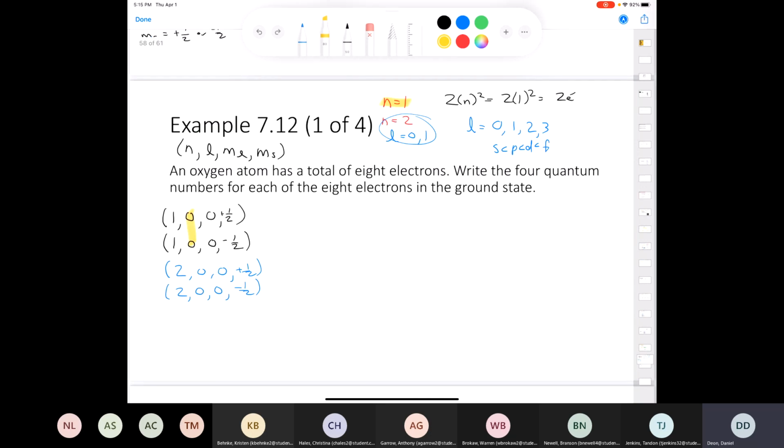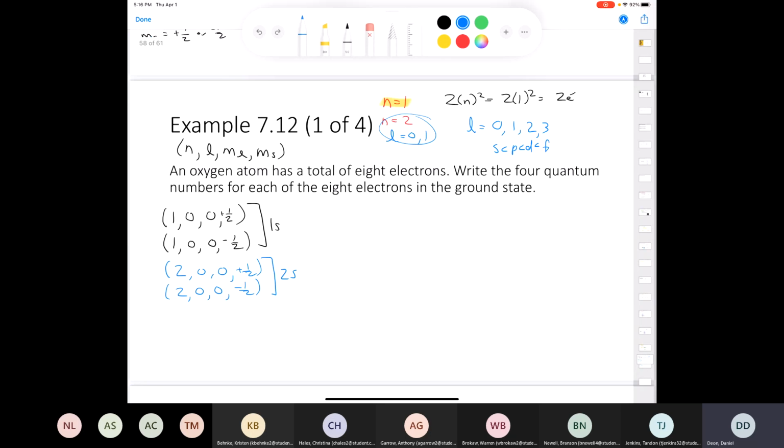Right, now that I've filled up the S orbital, now I'm going to move on to a P orbital, which can hold more electrons. So essentially what I've done so far is I've filled up the 1s electrons and I've filled up the 2s electrons. Now I'm going to move on. I've covered a total of 4 electrons, right? 1, 2, 3, 4.